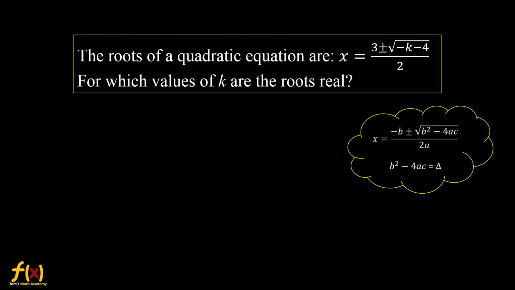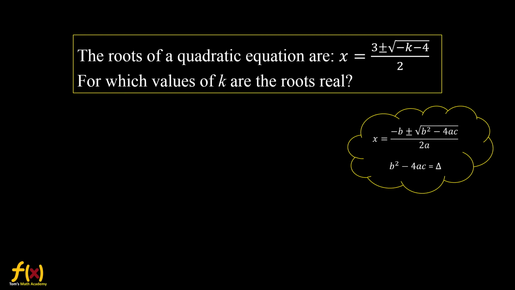We move on to the topic nature of roots. Another interesting part of your topic equations. The roots of a quadratic equation are x equal to 3 plus or minus square root of minus k minus 4, the whole over 2.